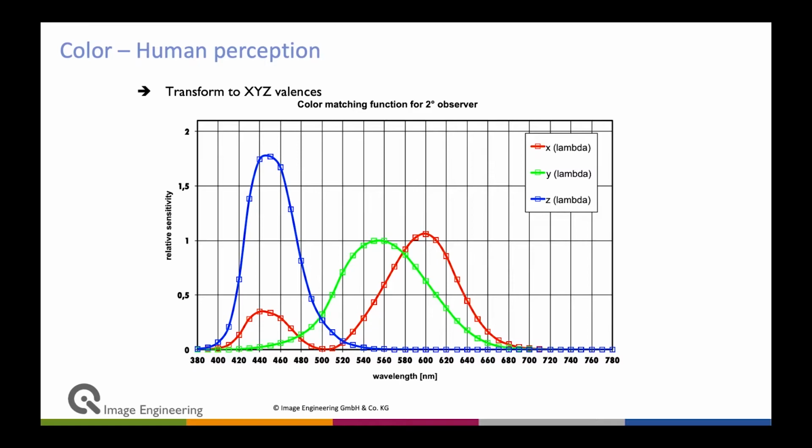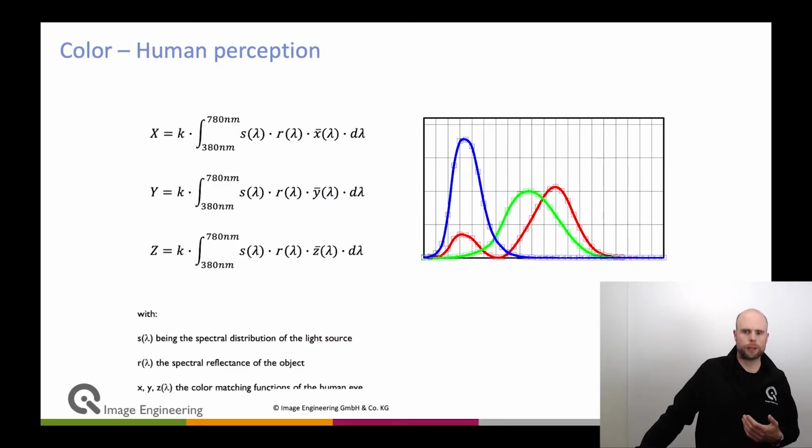That gives us the X, Y, Z values. So we can calculate or describe a color as X, Y, Z values, and they are mathematically created as an integral over the wavelength from 380 nanometers to 780 nanometers.